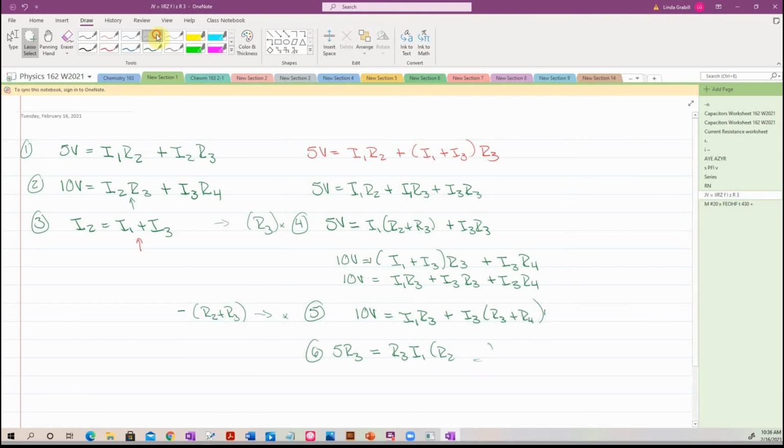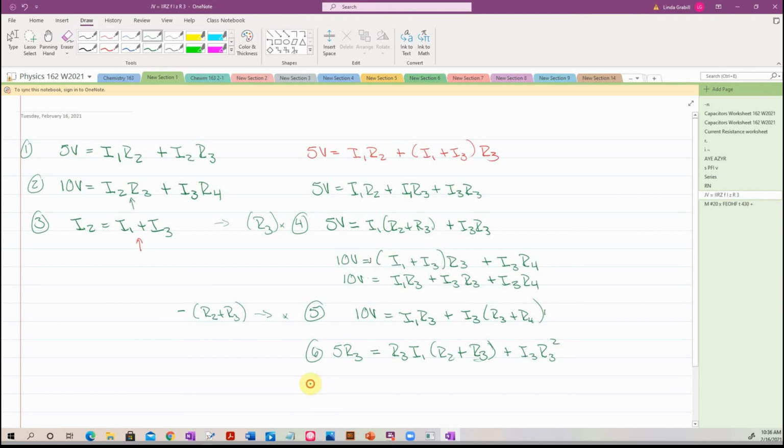Okay. Just gonna pick up where we left off. So equation 6 is multiplying it by R3. We're just going to do that again. So plus R2 R3, plus I3, multiplying by R3, so R3 squared.